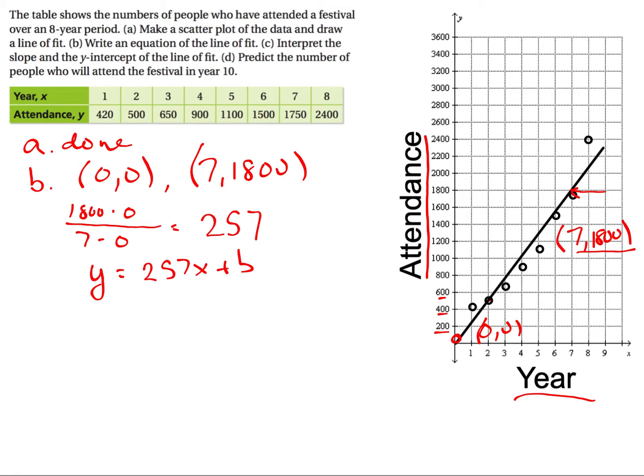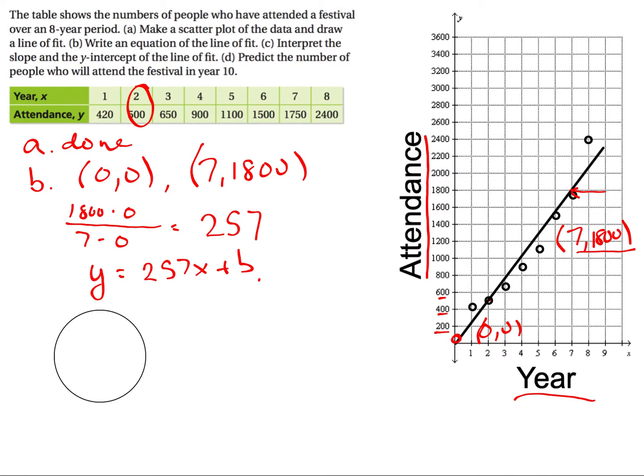Now pick one of our numbers. Let's actually just do 500. That one looks easy to use. So this is 500 equals 257 times 2 plus b. 257 times 2 is 514. Wait, I need to back up a second here.